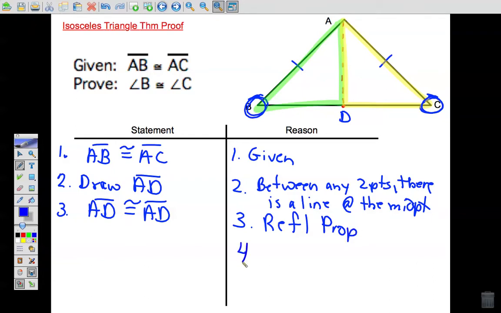And finally, number 4, so now I have another side. Remember, I drew that red dotted line to the midpoint, so that's saying that BD is congruent to DC. Reason, definition of the midpoint.